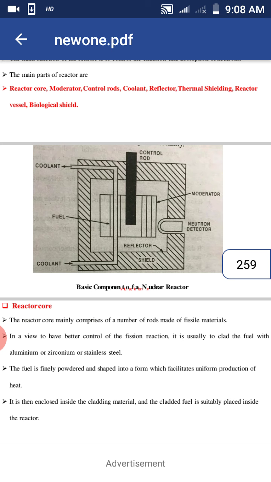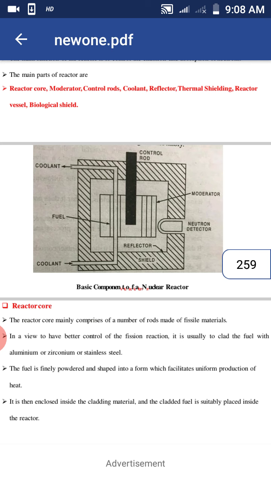Then comes the moderator. What is this moderator? To control the chain reaction we use the moderator. The moderator controls the secondary neutrons that are generated from the primary neutrons. To achieve this purpose, we use moderators like beryllium, ordinary water, and heavy water to control the fission process or the chain reaction.